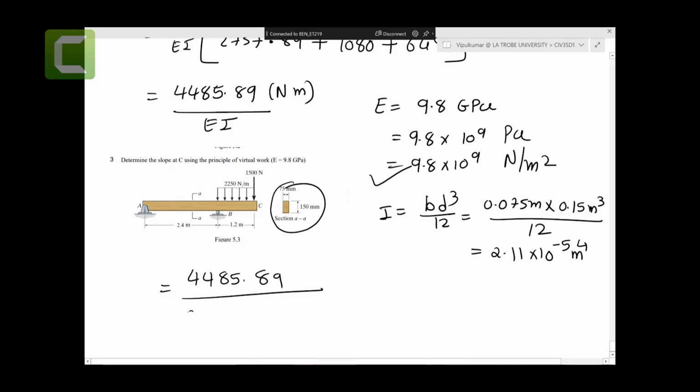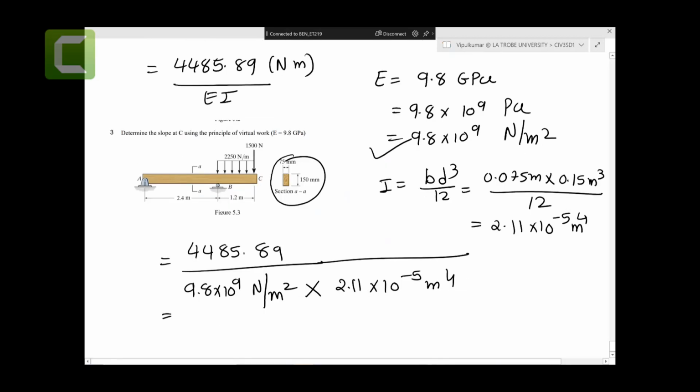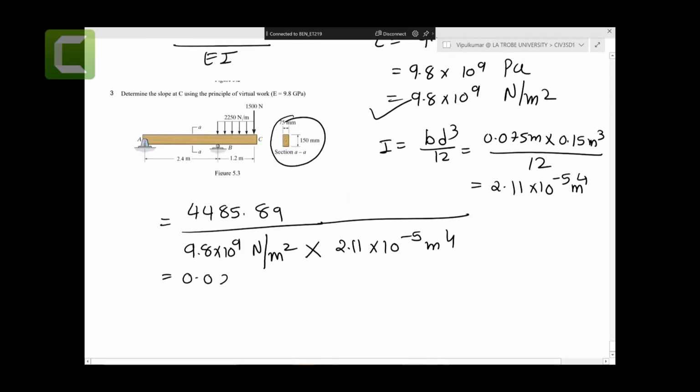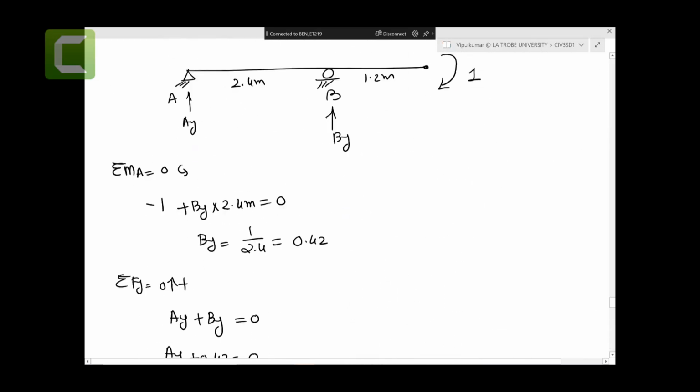4485.89 over 9.8 times 10 raised to 9 Newton per meter squared, Young's modulus, and 2.11 times 10 raised to minus 5 meter to the power 4, gives 0.0217 radian, positive, meaning our assumed direction is right.